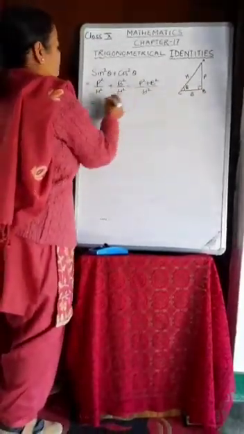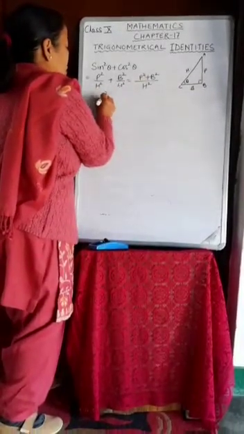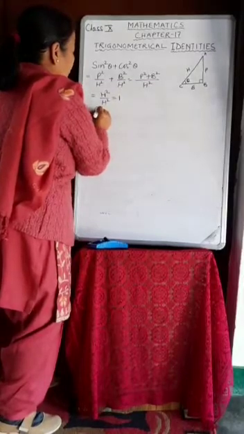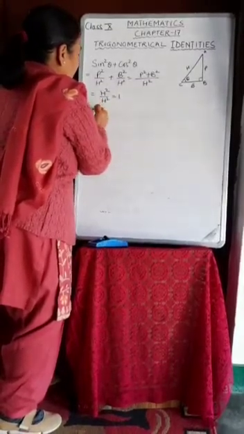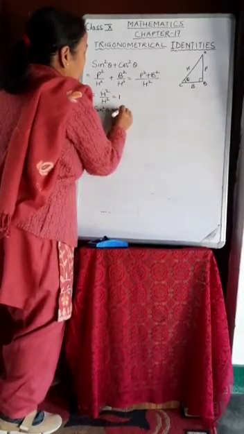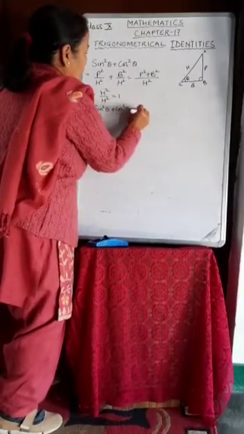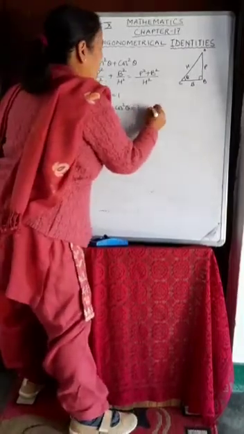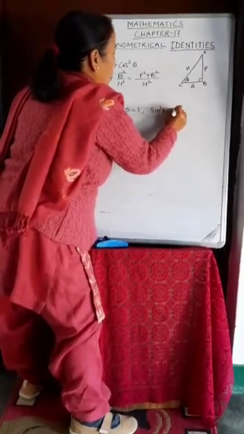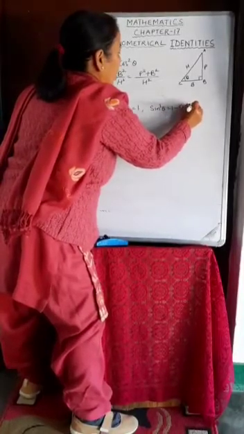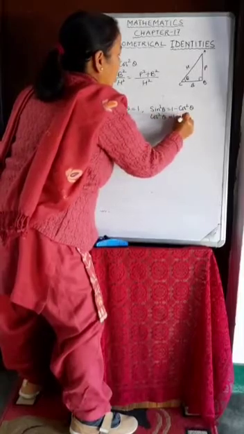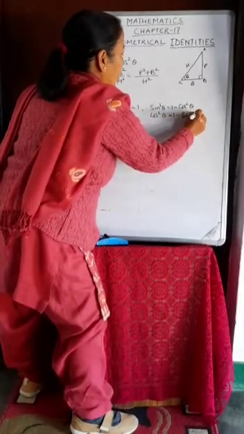So P square plus B square is equal to H square, and H square upon H square equals 1. So we get sine square theta plus cos square theta equals 1. From here we get other relations also, like sine square theta equals 1 minus cos square theta, or cos square theta equals 1 minus sine square theta.